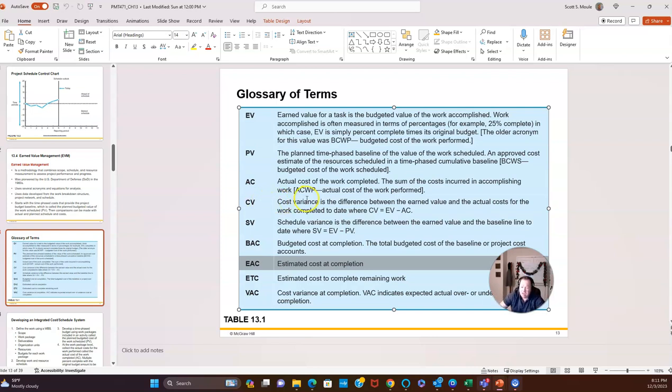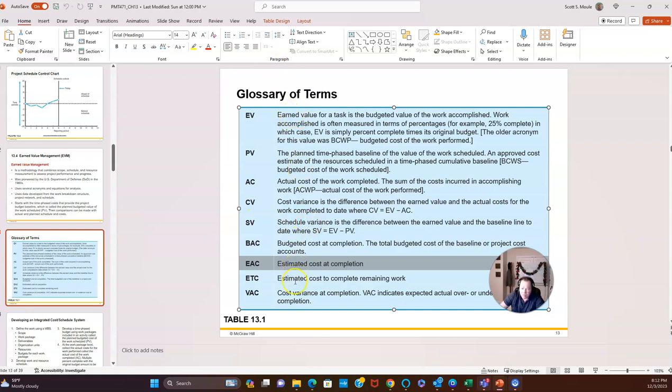So your 200,000 is your cost variance. And then you get the same kind of thing with your schedule variance. If you thought you would complete X number of deliverables and you're ahead or behind, that defines your schedule variance.